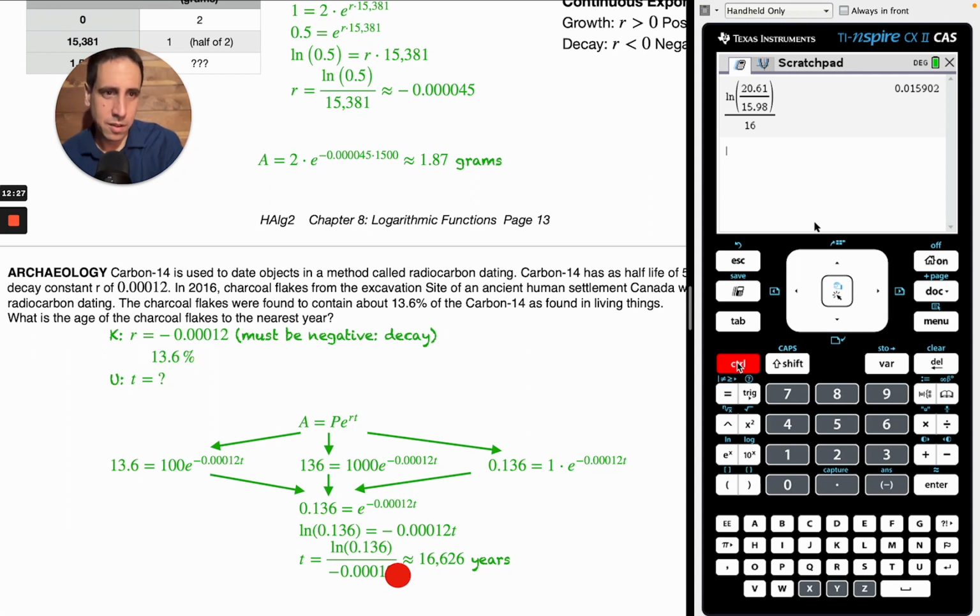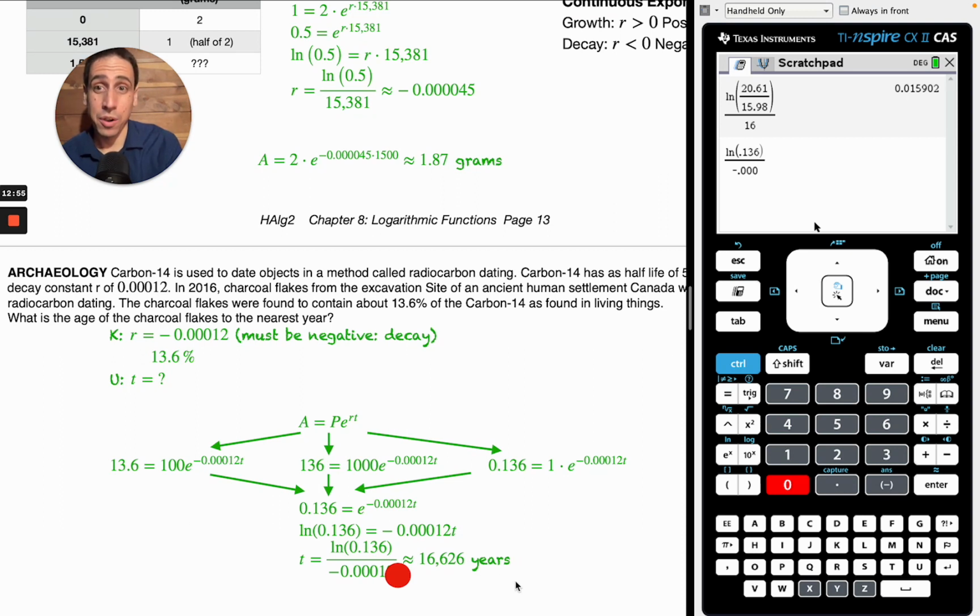I'm going to do the division symbol, a big giant fraction there first, and the natural log of 0.136 in the numerator, and then the negative button, 0.000, and then I want you to figure out what I should type next. What do I put here? And then when I hit enter, I should get about 16,626 years.